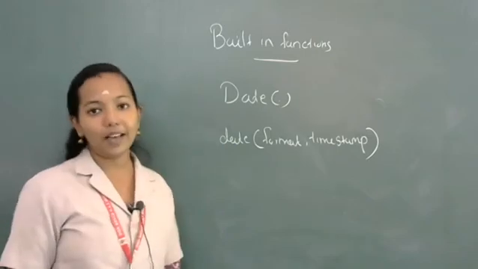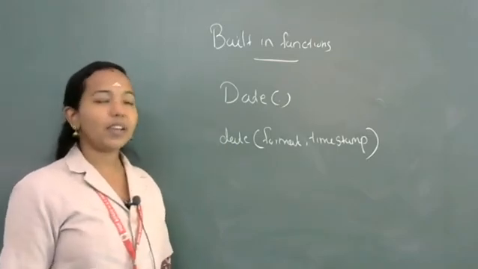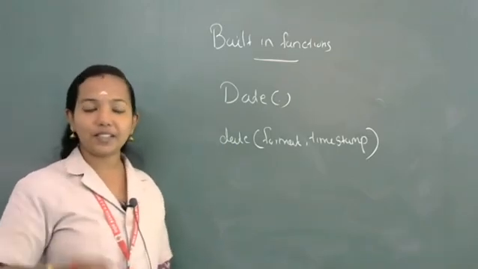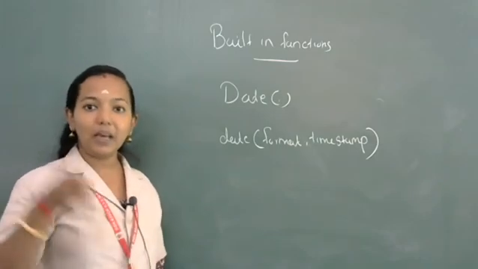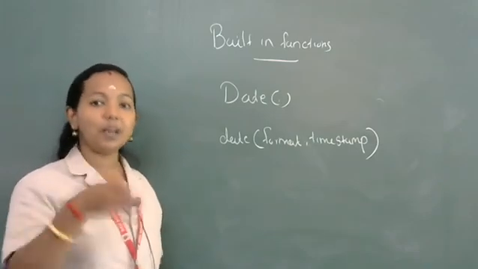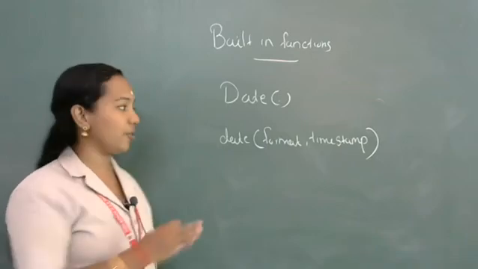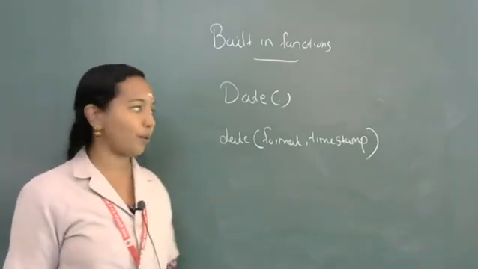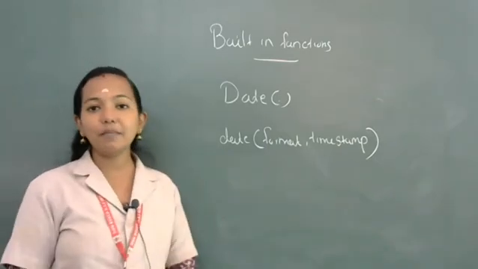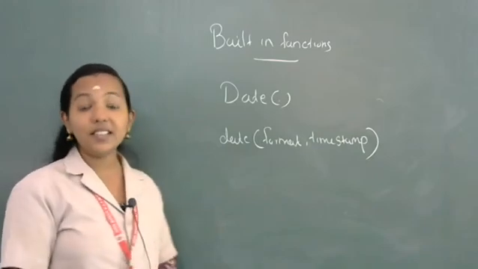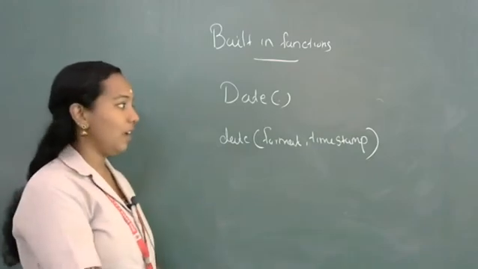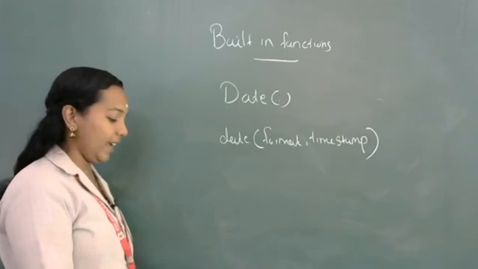Here format is the date format. Different formats will be present. In some format day, month, year, otherwise year, month, day. Whichever format we are using, that will specify the first argument. Then timestamp specifies the current date and time.